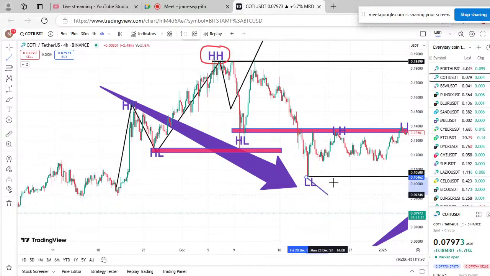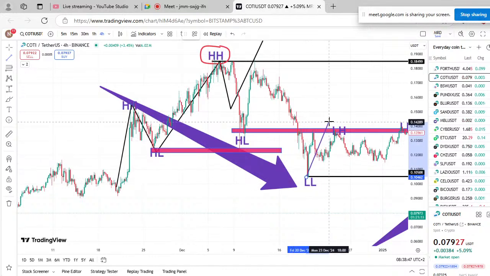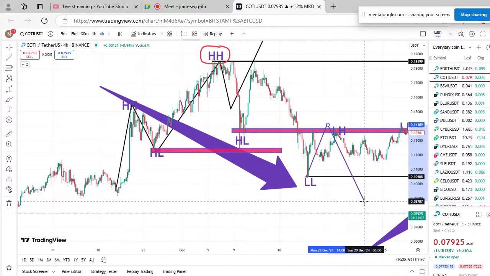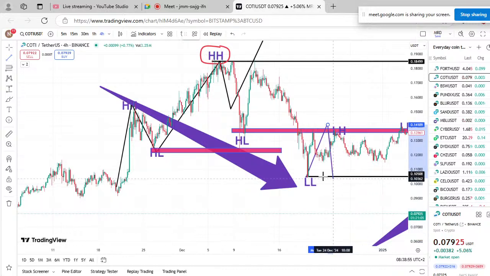Therefore, we expect this market to move a bit from the lowest point. Then we definitely drop again. By dropping again, we are breaking the previous low. By dropping, we are breaking, that is our target. It is to break this level.